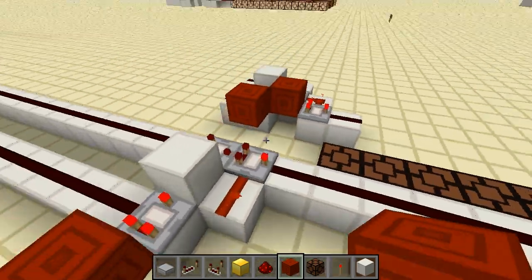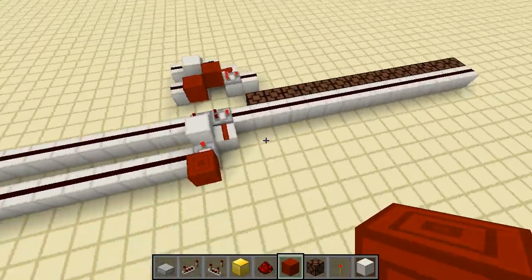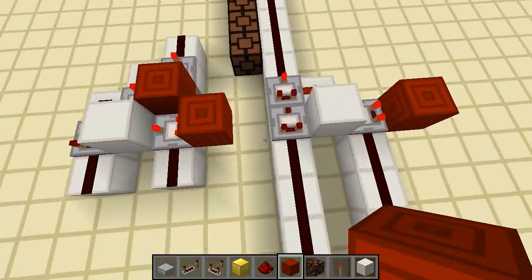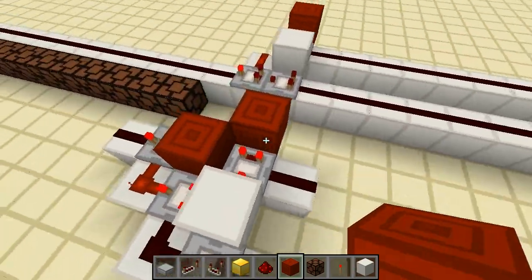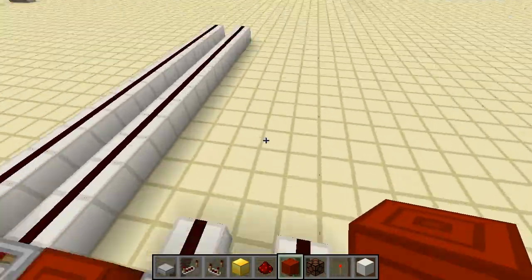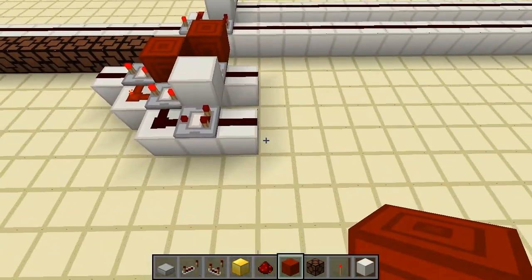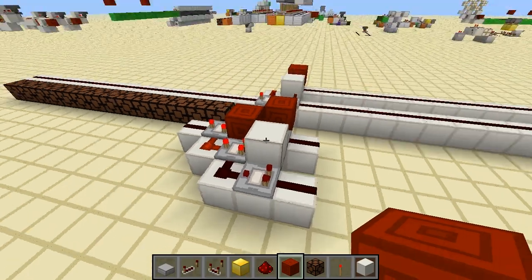So, we can combine these two circuits by turning one of them around and linking them up, with one output going this way and one going that way, and the inputs coming in from here and here. Obviously this isn't hugely useful because we've used up all the sides and there's nowhere to put the next half adder.